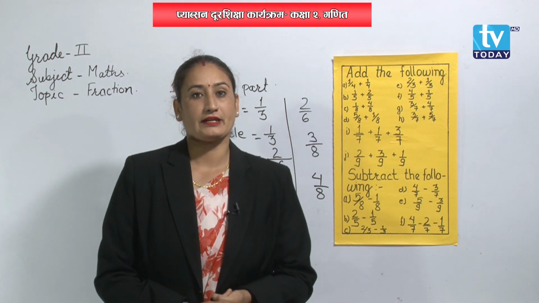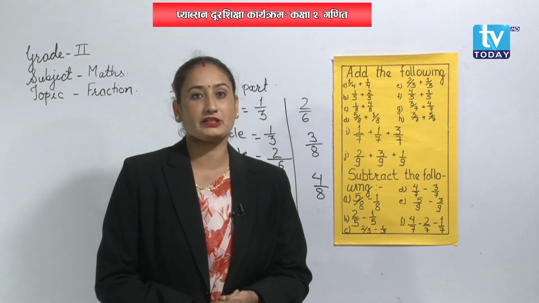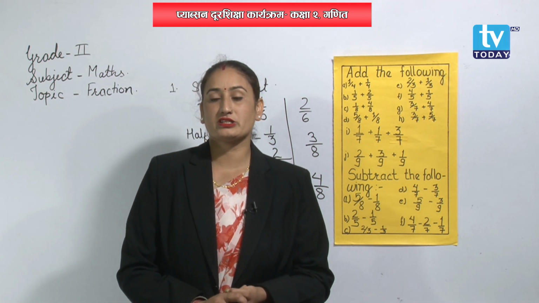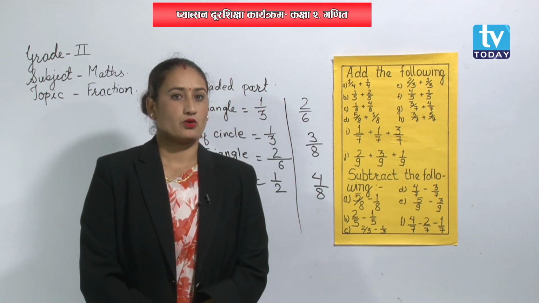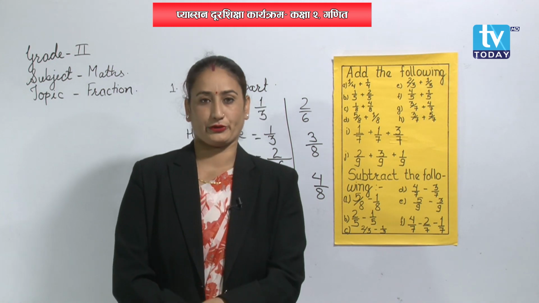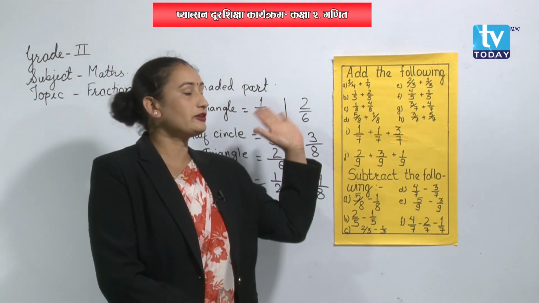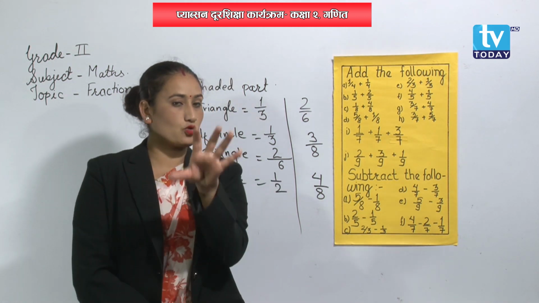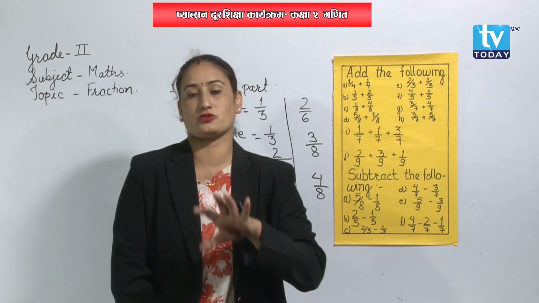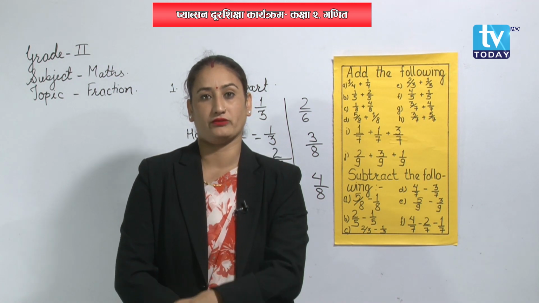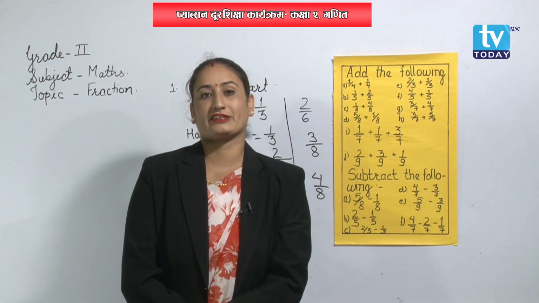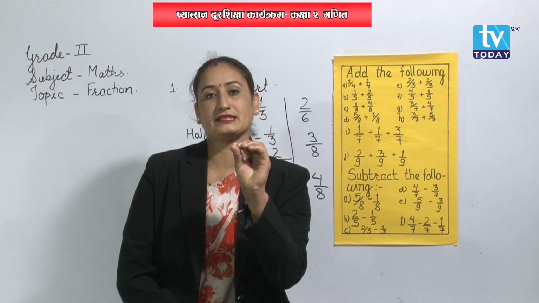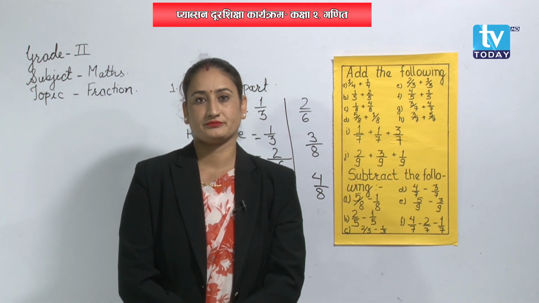Okay. Now, one by one, we are going to add the questions. Okay, students, one big question for you. Have a look at this. I have shown you 4 different circles with shaded parts, right? Can you tell me how many parts are shaded in the first circle?